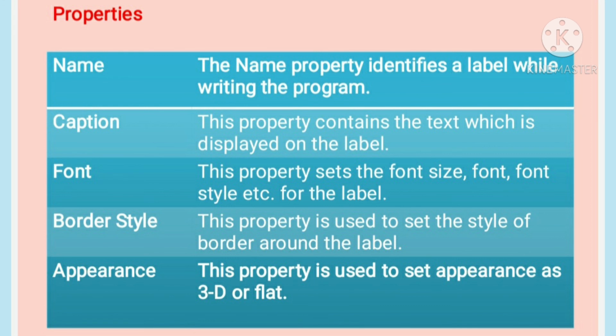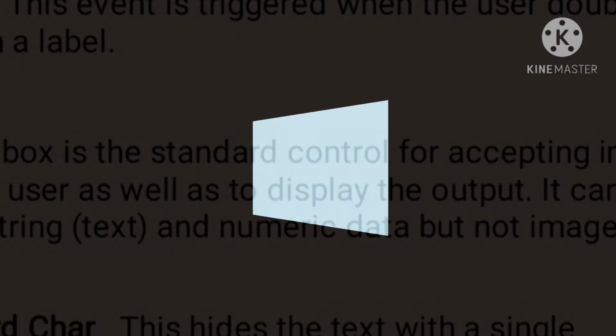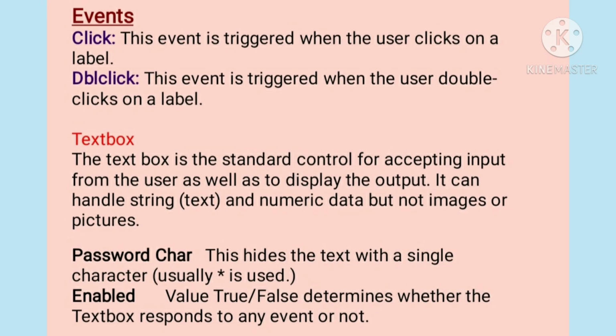Border style: this property sets the style of the border around the label. Appearance property sets the appearance as 3D or flat. Let's see the events. Click: this event is triggered when the user clicks on a label. Double click: this event is triggered when the user double clicks on a label.